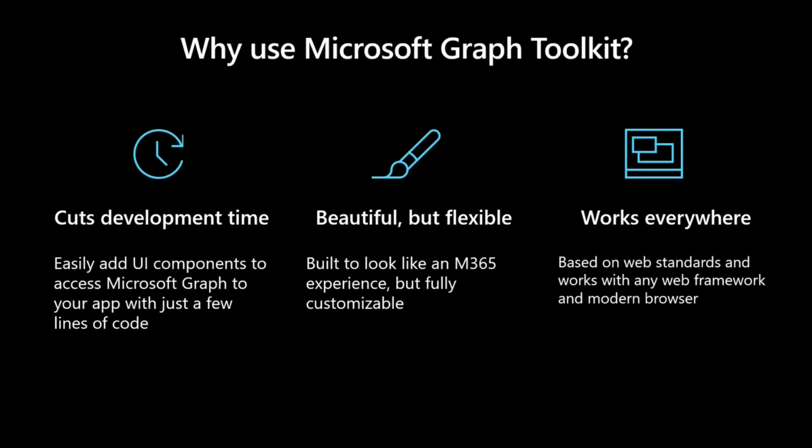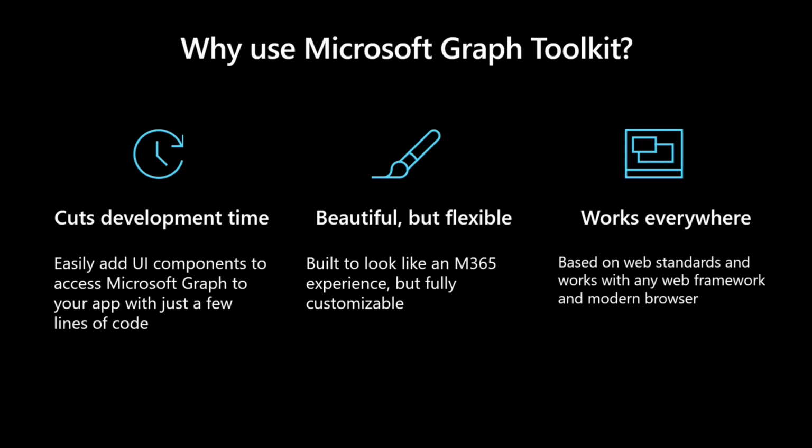Why would you care about the Graph Toolkit? First, it enables you to cut on development time. It's really easy to add a UI component and get functionality right out of the box inside your app with just a couple of lines of code. They're also beautiful. They are built in Microsoft 365, so they are really similar to the native controls that you can find in Microsoft 365.